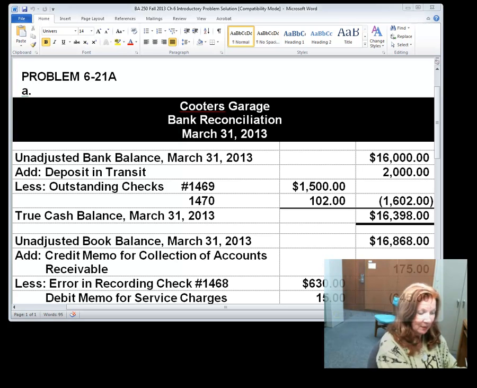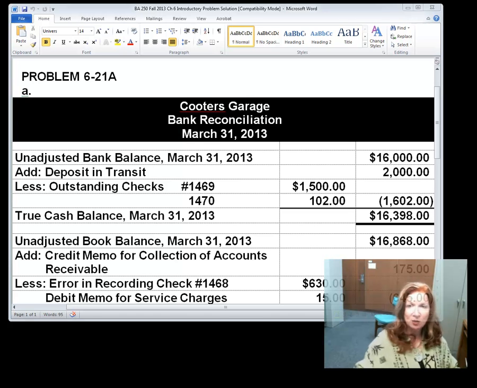February 28th, the bank reconciliation showed a deposit in transit of $1,000, and check number 1468 was for the purchase of equipment, and the unadjusted cash balance at March 31st, that means the general ledger cash balance, was $16,868. It asks us to prepare a bank reconciliation and to prepare general ledger accounts.